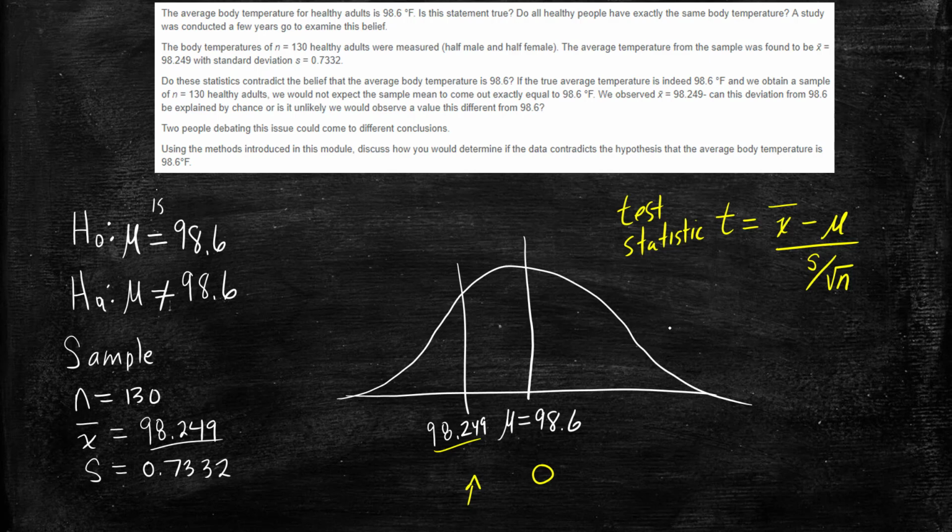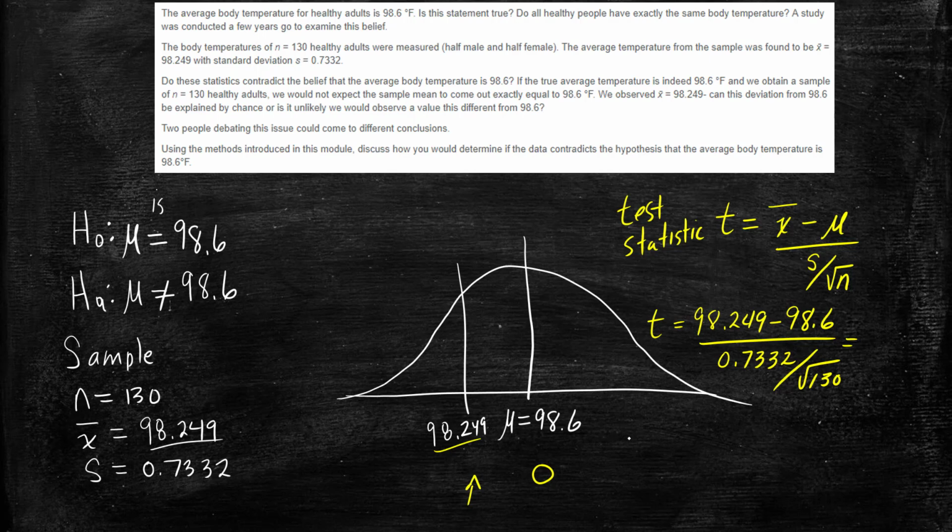So if you just plug in these numbers, 98.249 minus 98.6, all divided by 0.7332 over the square root of 130, that is going to give me my test statistic.